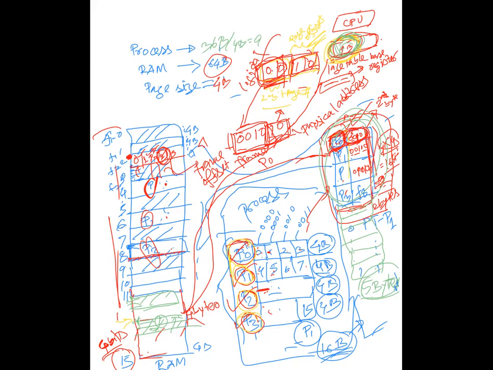Today I just give you a little bit of an idea of when you need multi-level paging. If your page table size is greater than your frame size, then you need to go for multi-level paging.